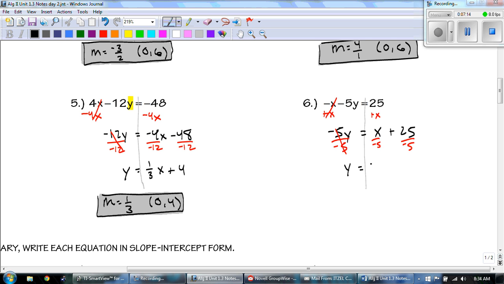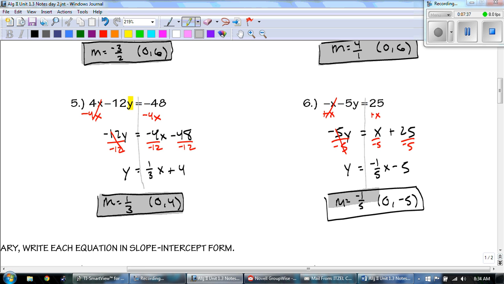Remember that that's a negative 1/5 x, and that's going to turn to a negative 5. So m equals negative 1/5, and our y-intercept is (0, -5). Hopefully this is a good flashback to algebra for you guys.